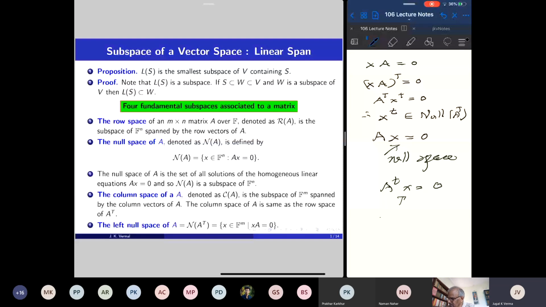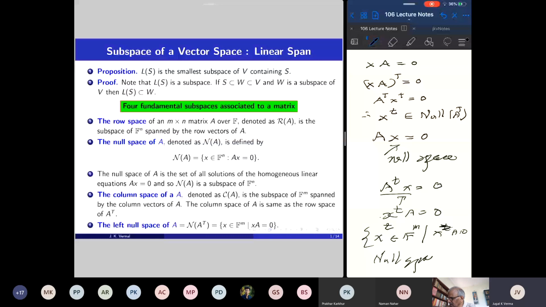This is the same as saying X transpose A equal to 0, that is, the set of all such row vectors XA equal to 0, which live in Fm. So this is the null space of A transpose.